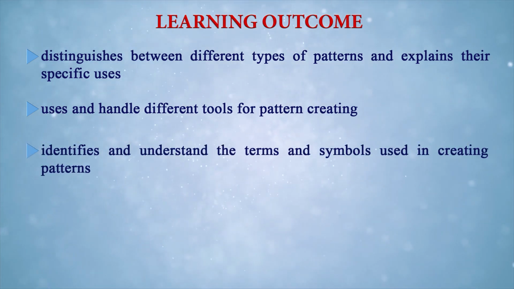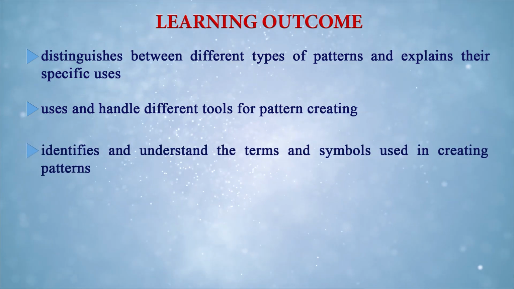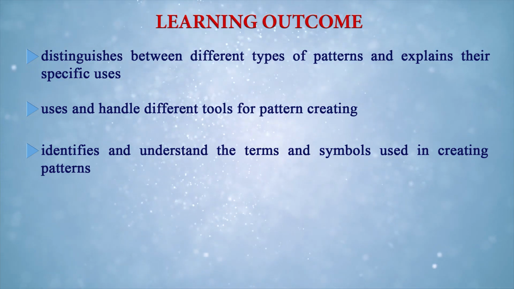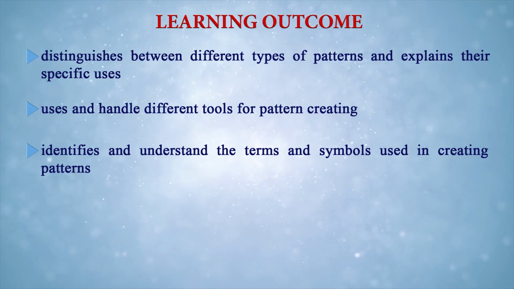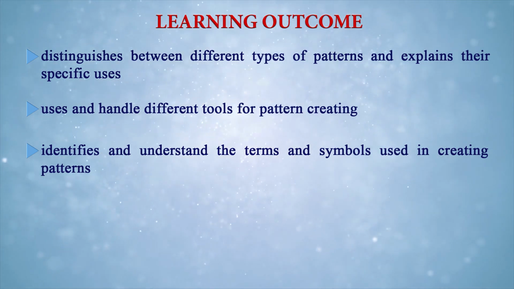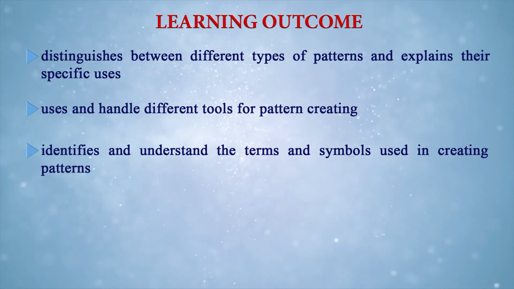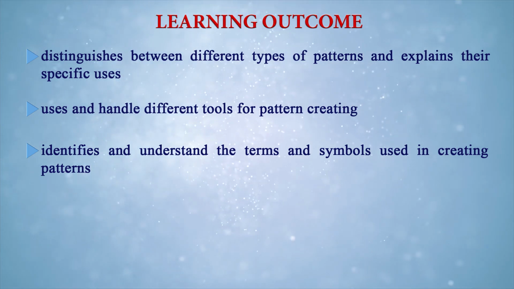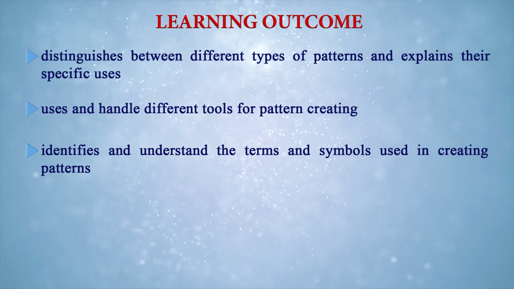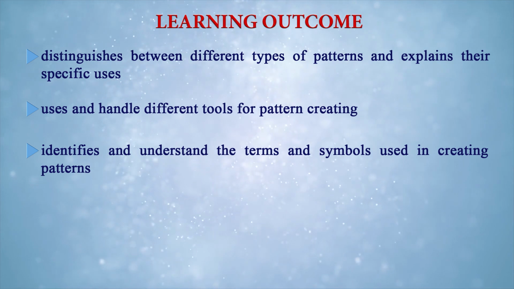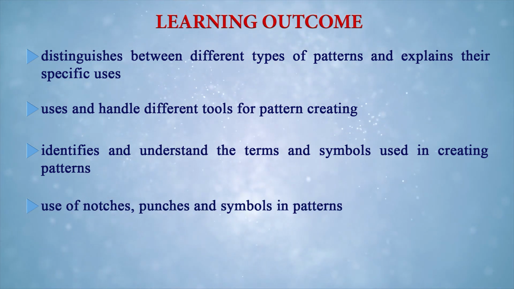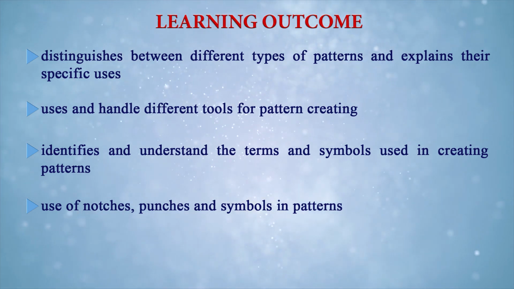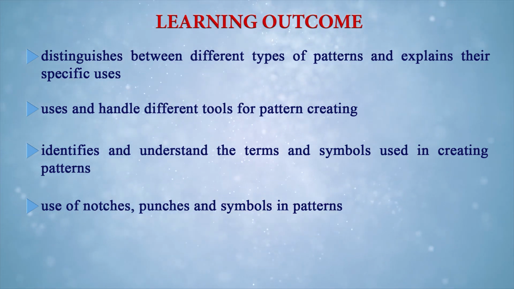Then you can identify and understand the terms and symbols used in creating patterns. What are the different terms used for creating a pattern, and what symbols are marked on the pattern to make it easily understood. Then the use of notches, punches and symbols on a pattern. For notches we have discussed earlier also.